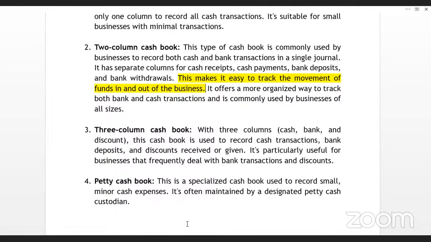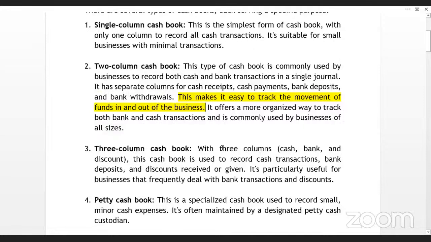So those are the types of cash books: single column cash book, two column cash book, three column cash book, and the petty cash book. Those are the four main types of cash books.